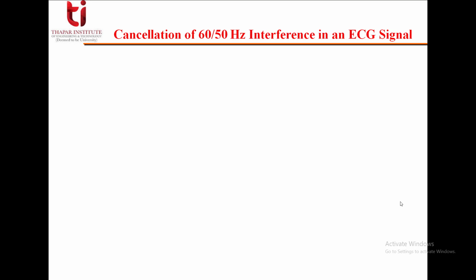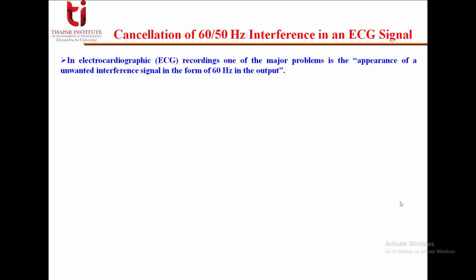So first is cancellation of 50 or 60 Hz interference in an ECG signal. In ECG recordings, one of the major problems is the appearance of an unwanted interference signal in the form of 60 Hz or 50 Hz in the output.